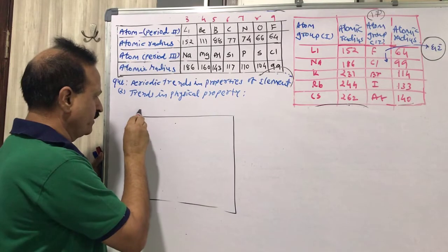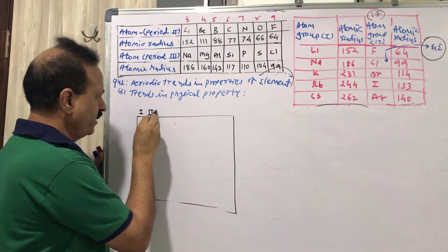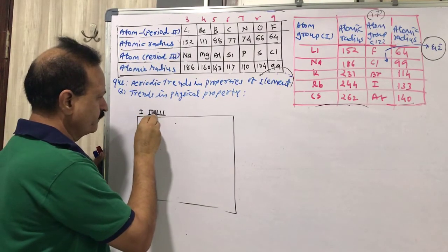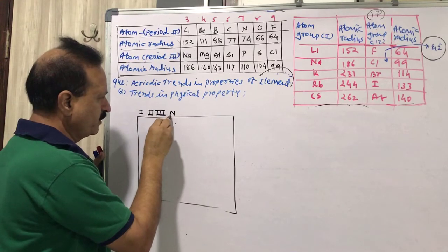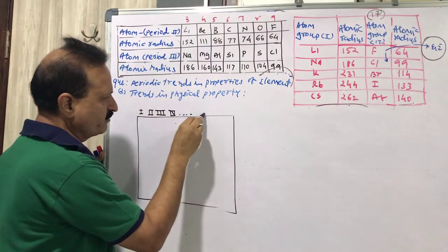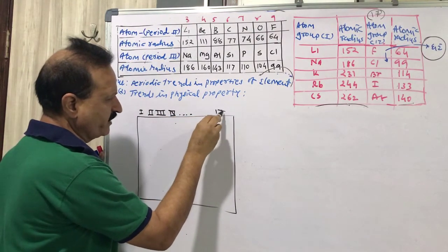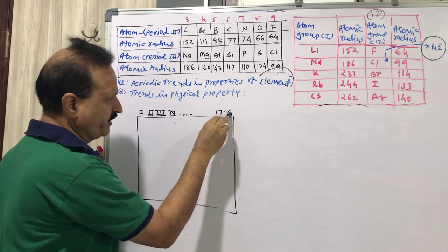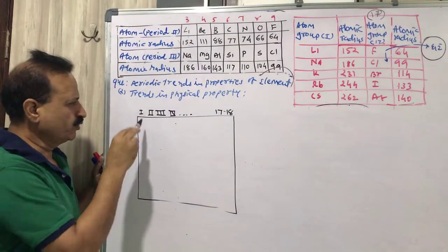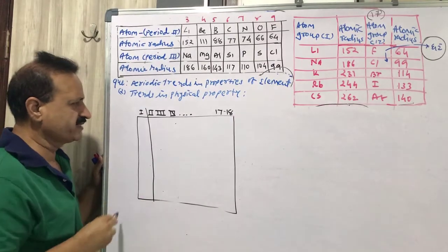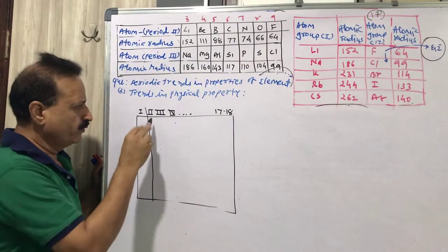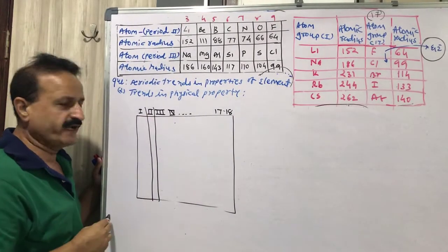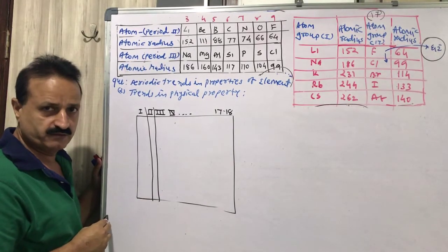This is group 1, group 2 and group 3, group 4, then 5, 6, 7, here is group 17 and here is group 18. Group 1 is known as alkali metal, group 2 is known as alkaline earth metal.